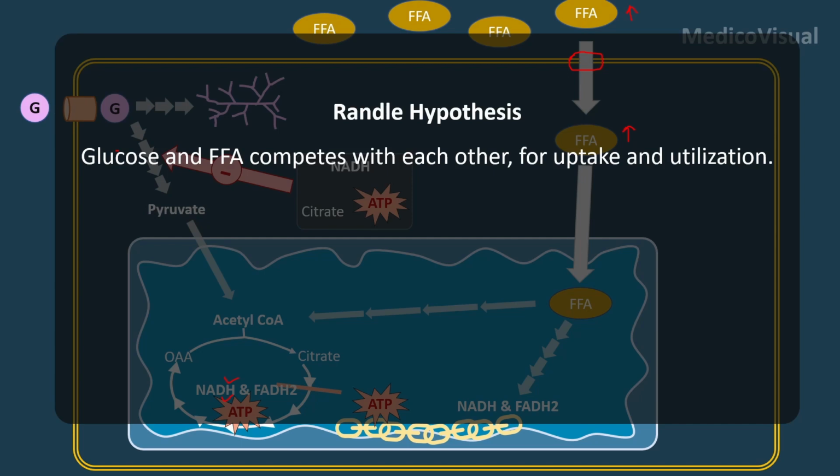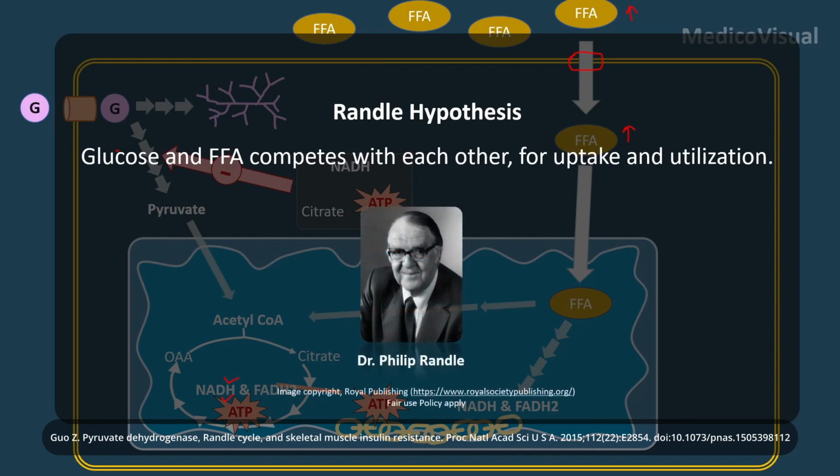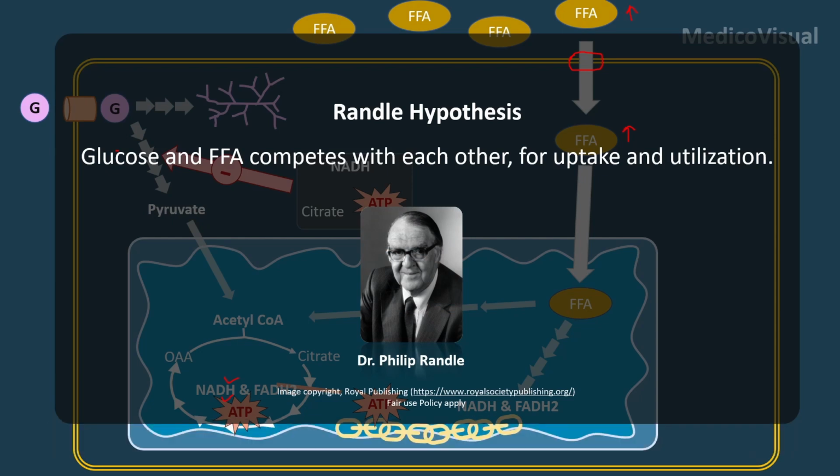This is called the Randle Hypothesis, after a famous biochemist and an esteemed medical researcher, Dr. Philip Randle. I hope I am pronouncing his name right. I'm not good at pronunciation. So in his honor, we call this the Randle Hypothesis.